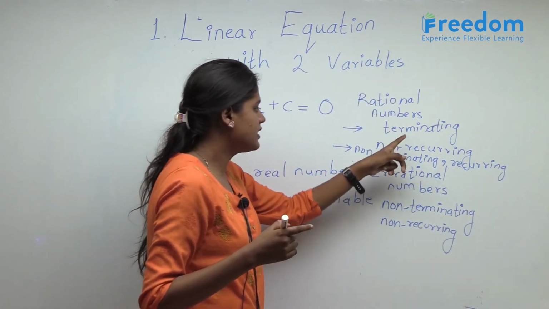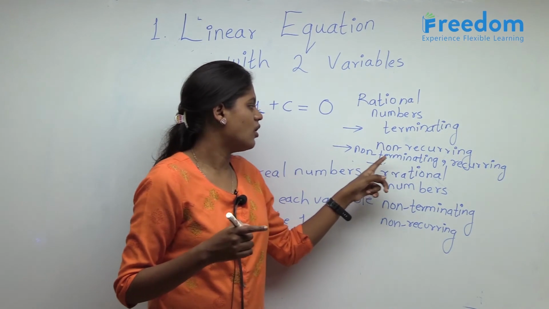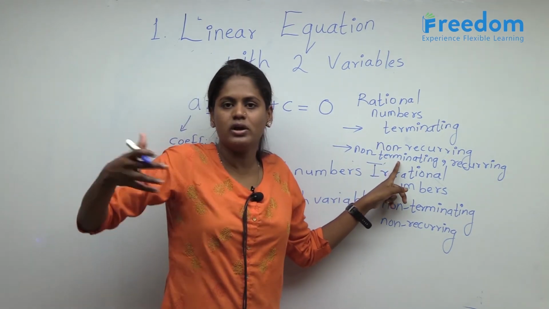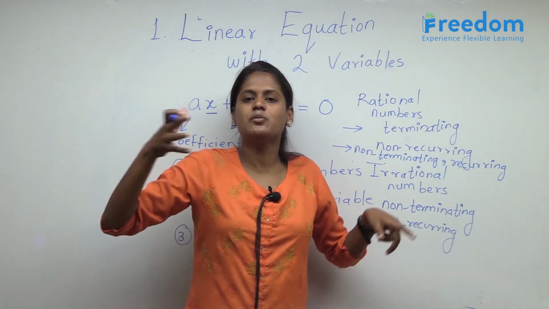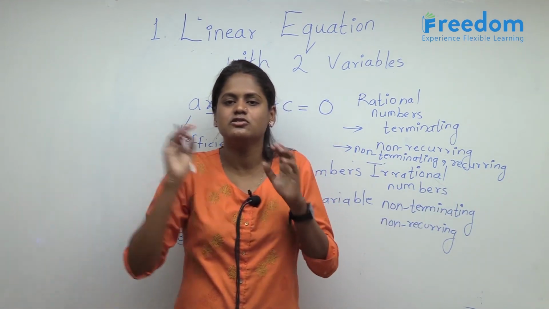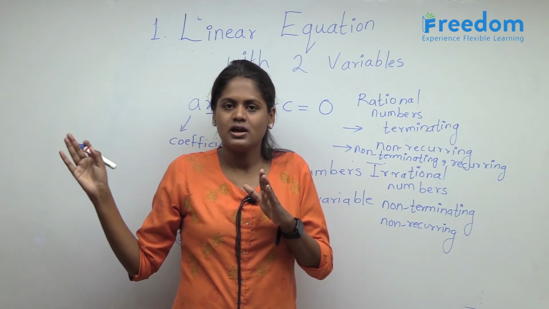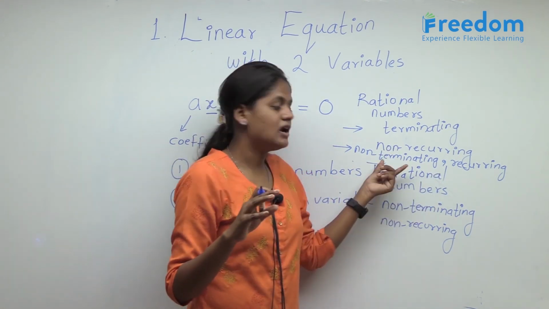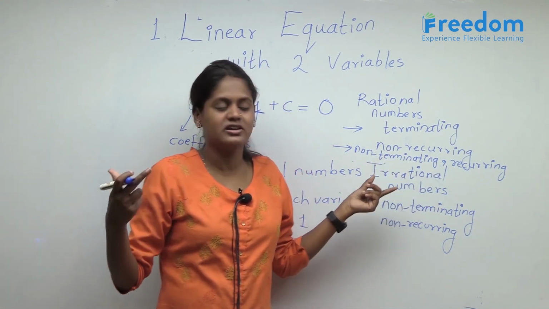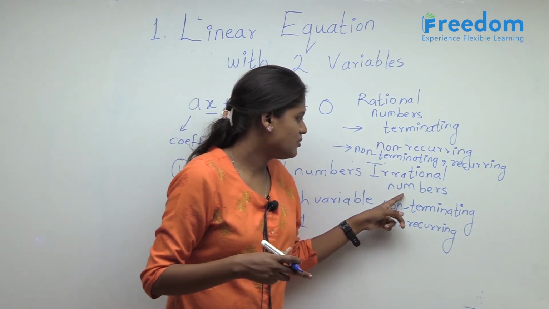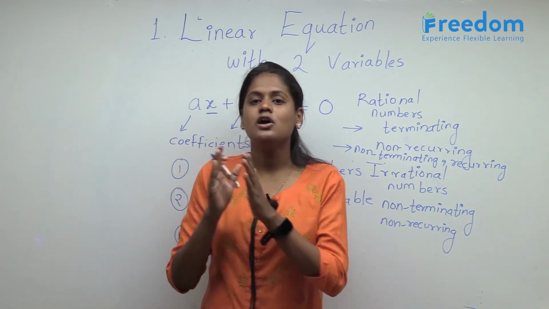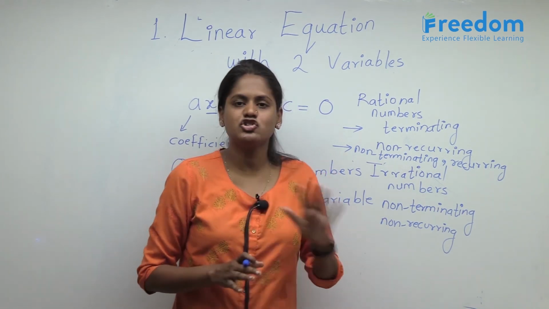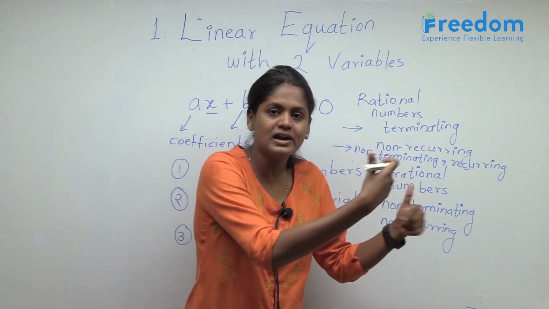Non-terminating means it will go on increasing, as well as it is recurring, the same value is repeated, like 0.6666 or 0.99999. But irrational numbers are the only numbers which are non-terminating and non-recurring. They will not stop, the decimal values keep getting added.